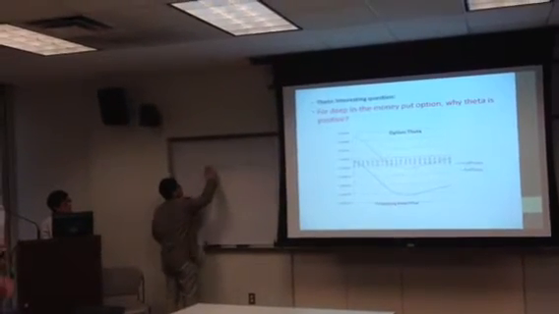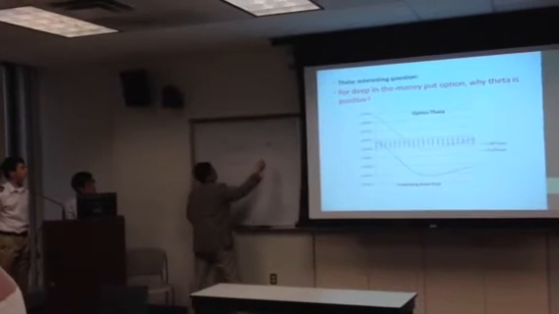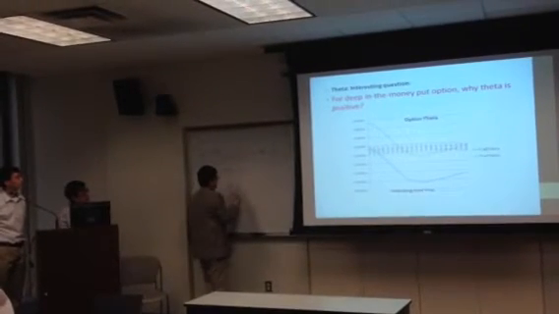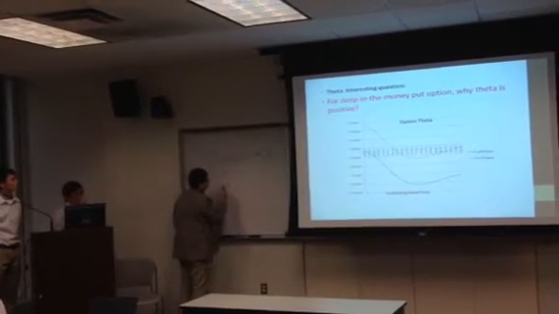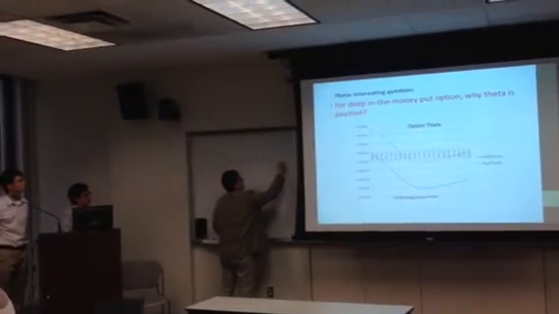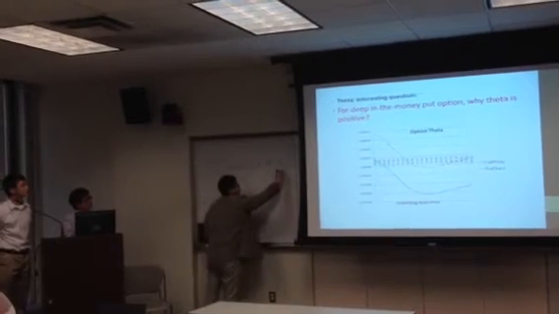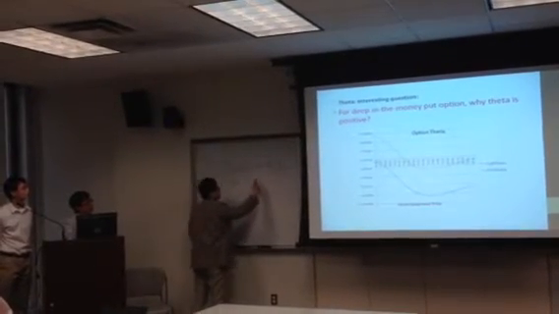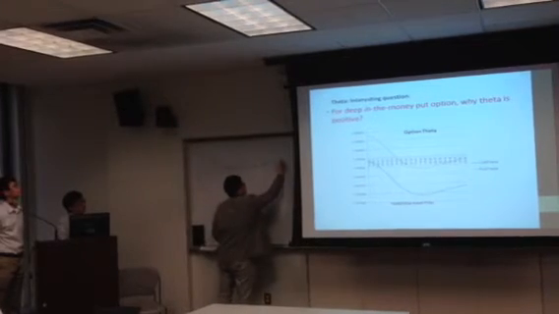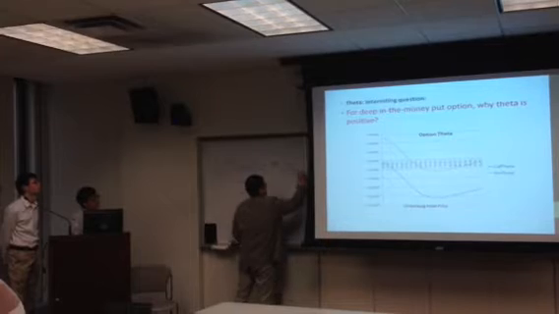But when the intrinsic value is very big, the impact of the decrease of the time to maturity will increase the discounted intrinsic value by more than the time value decreases. Therefore, the put option price will increase.